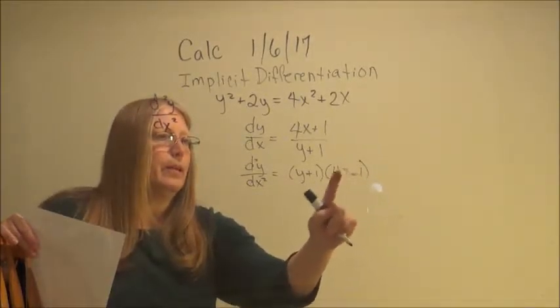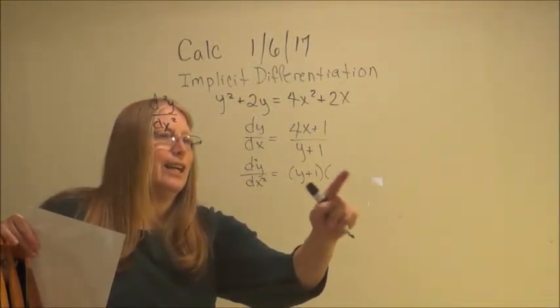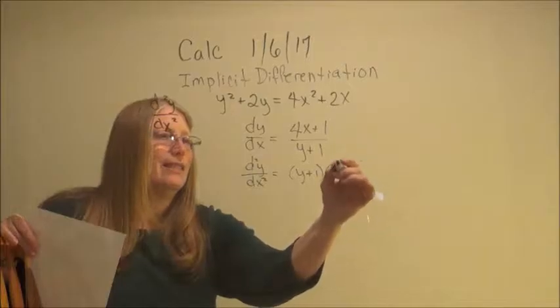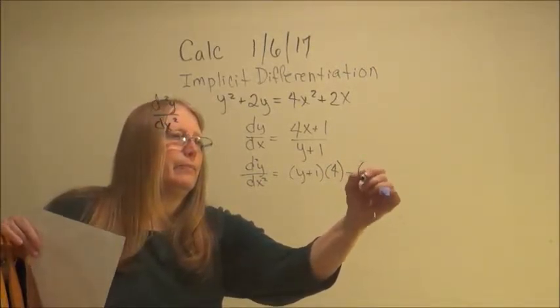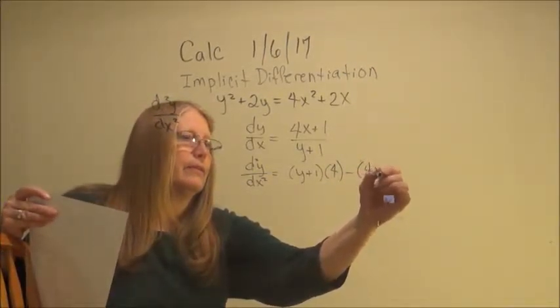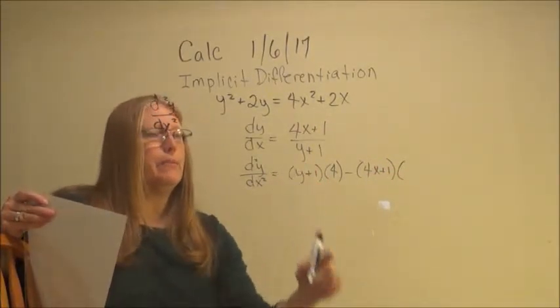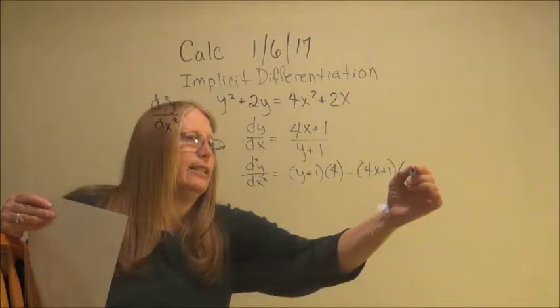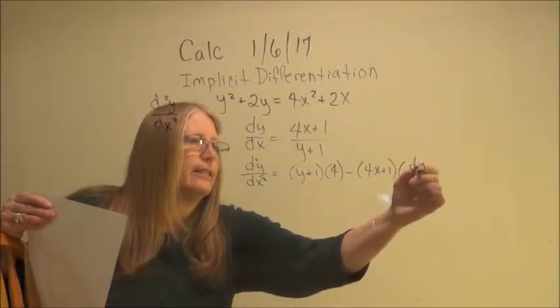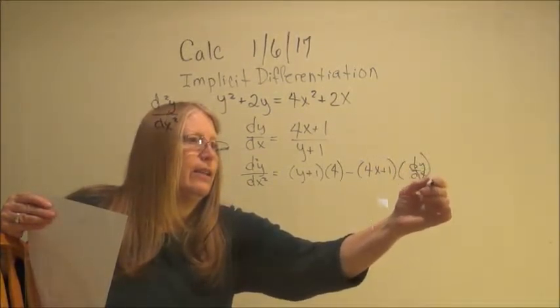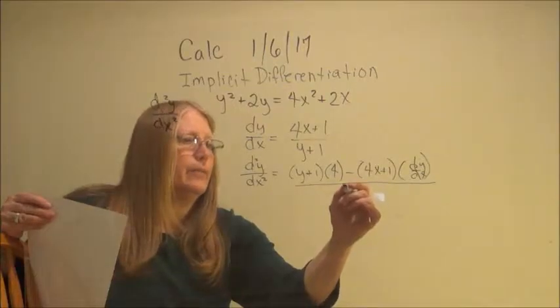Oops, what am I doing? The derivative of the top minus the top times the derivative of the bottom. The derivative of the bottom would be 1 and then dy/dx, all over the bottom squared.